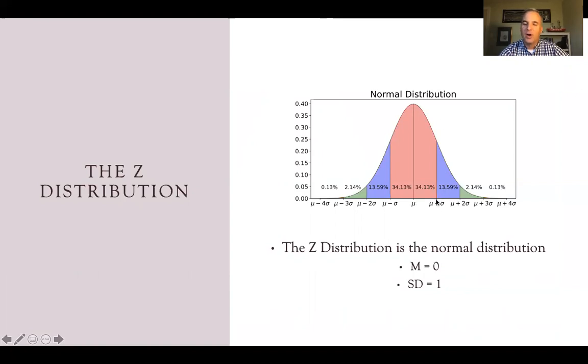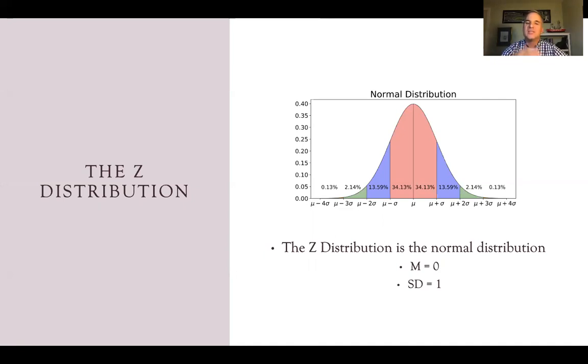So this is a Z of 1, this is a Z of 2, this is a Z of 3, Z of -1, Z of -2, and Z of -3. Right? And so now we can start to see the value of Z in terms of telling us where we lie on the normal distribution. And really, that's all that Z is. Z is about telling us where a value lies along the normal distribution.